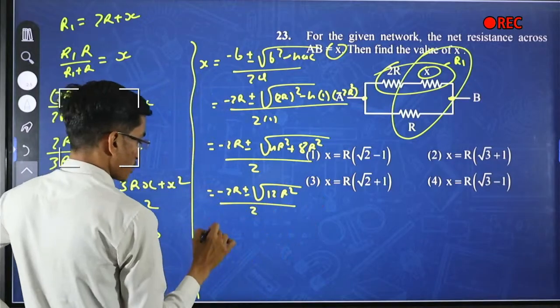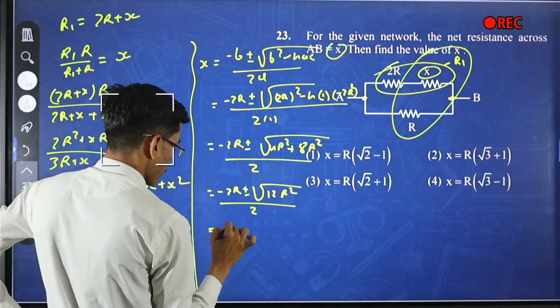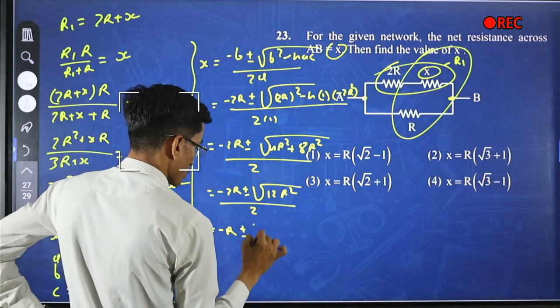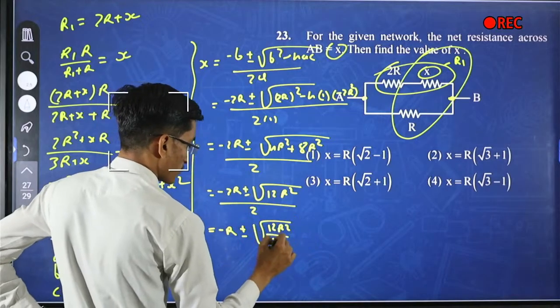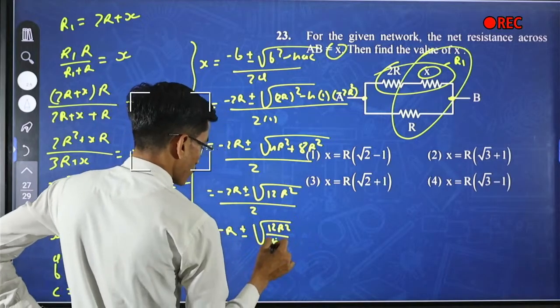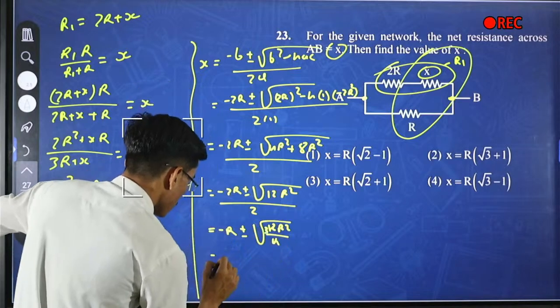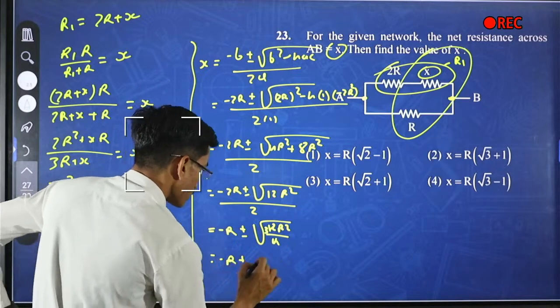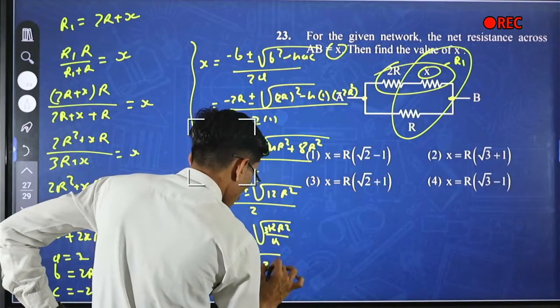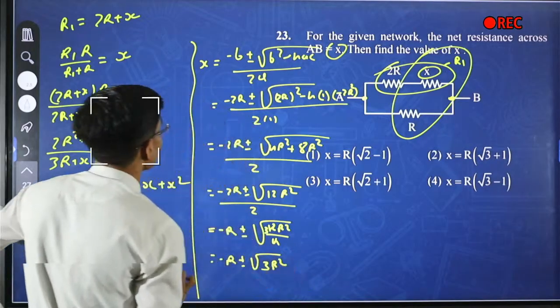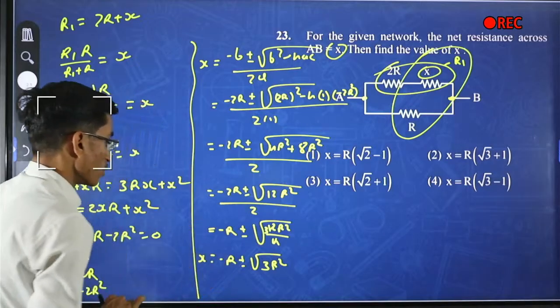So after taking a separate denominator, minus R plus or minus root of 12R square, where 2 will become 4 after going into root. So 4 into 3. So minus R plus or minus root of 3R square. This is X. Okay.